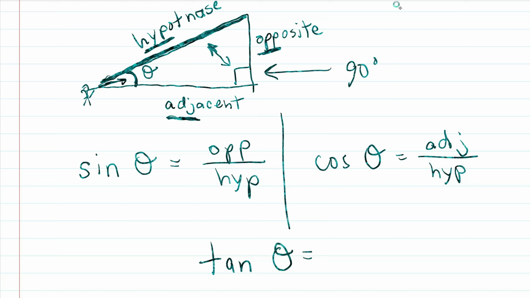The tan of theta is opposite over adjacent. So sine of theta is opposite over hypotenuse, cosine of theta is adjacent over hypotenuse, and tangent of theta is opposite over adjacent. You should probably commit these to memory while understanding how the ratios work when applying them to a right triangle.